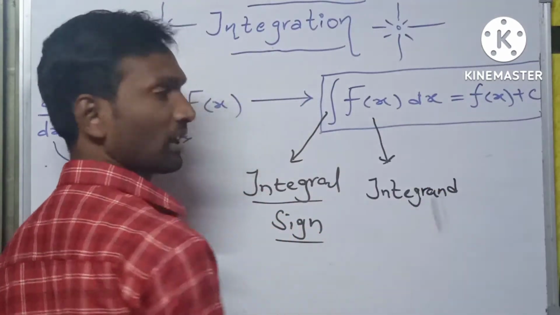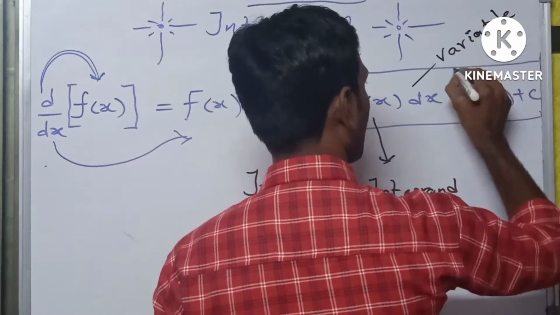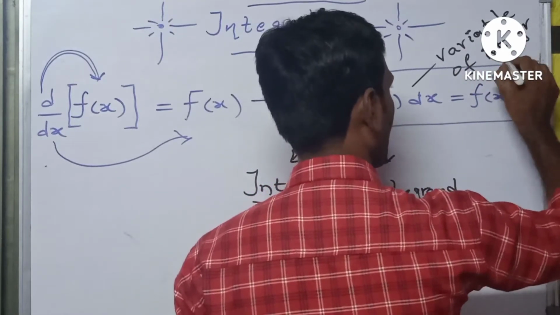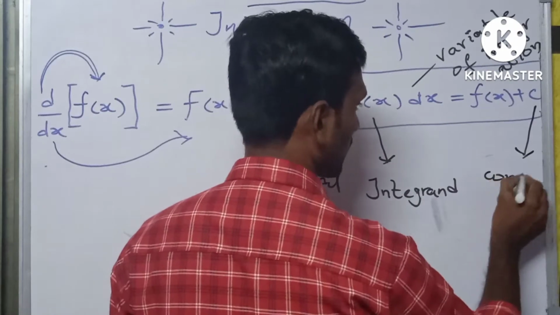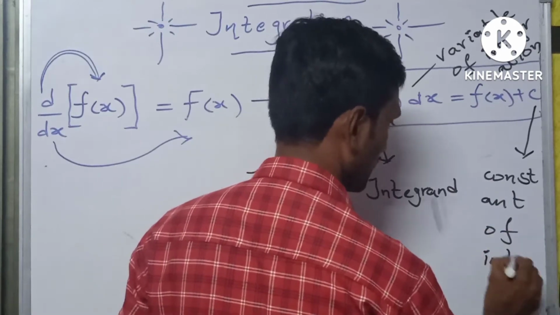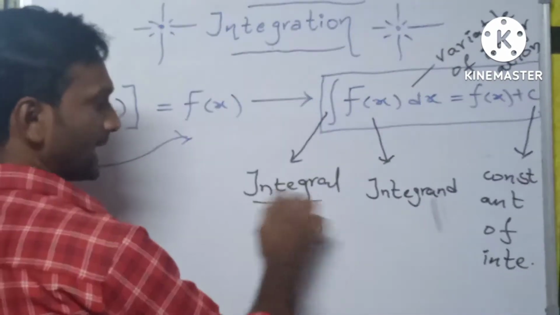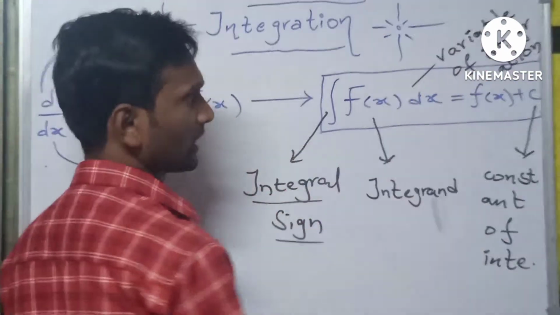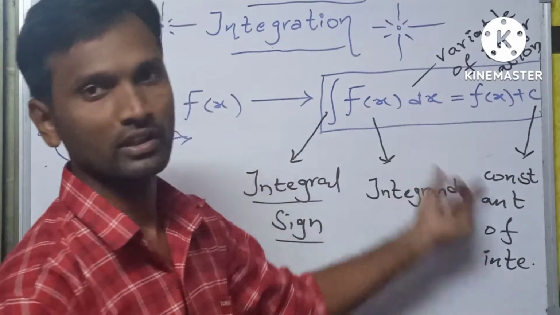Where capital F of x is called integrand. dx is called variable of integration. C is called constant of integration. Finally, in this equation, this symbol is called integral sign, capital F of x is called integrand, dx is called variable of the integration, and C is called constant of integration. So this is information about this equation.